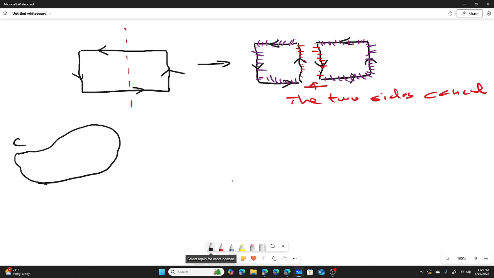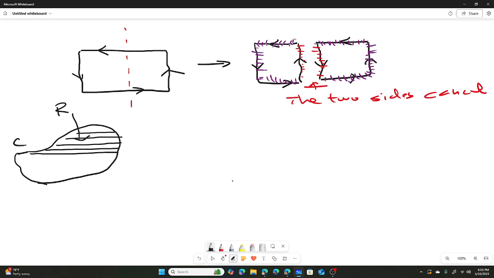So imagine we have C, and imagine that we are able to break up this region R. So what's inside is the region R, right?